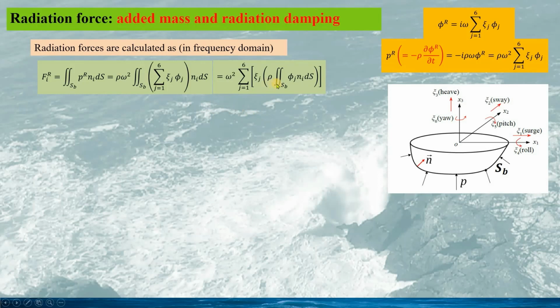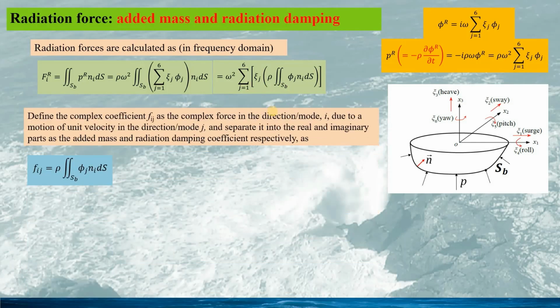And if we exchange the order of the integral and the summation, we have the expression as this. Now we can define a complex coefficient Fij, which can be understood as the complex force in the direction or motion mode i due to the motion of unit velocity in the direction j.